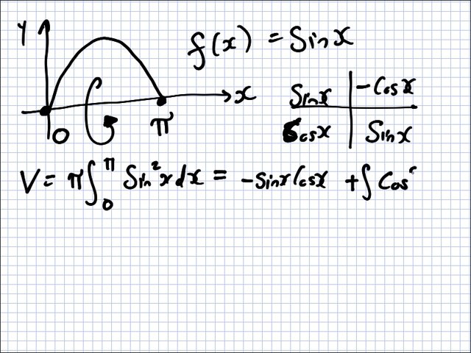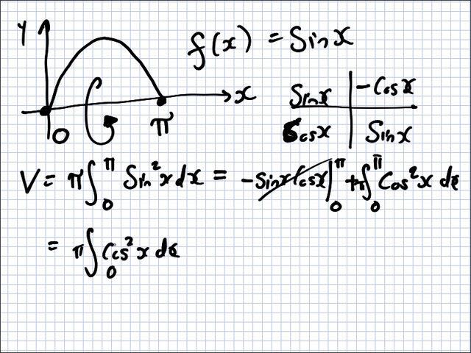Minus minus makes plus. Now you have to put in the limits here, 0 to pi. If you put in, that's 0, that's 0. So this is equal to, I lost my pi here, pi integrate cos squared x dx from 0 to pi, which is equal to pi integrate 1 minus sine squared x dx.